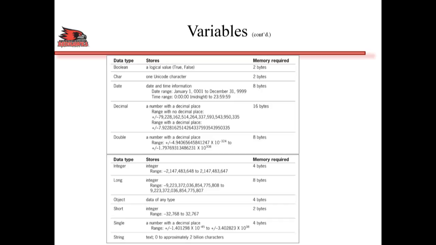Besides that, there's char, which is generally the standard way of saying it. It's basically a Unicode character, and it's only used for text or strings. It also has 2 bytes. Dates use 8 bytes.